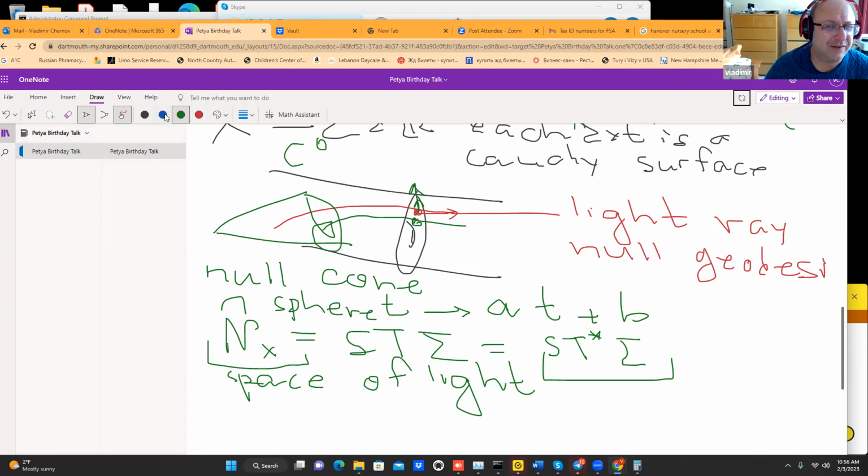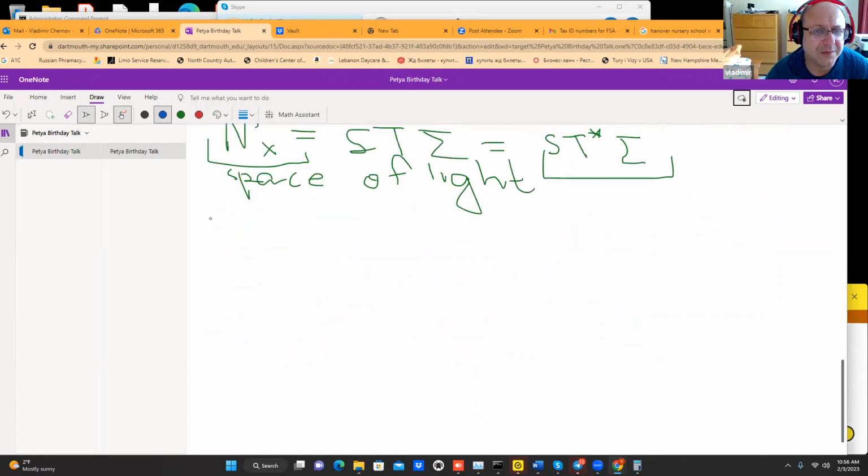So if I regard every point on the null cone as a separate geodesic, as a separate point, then this null cone is a sphere in the space of light geodesics. This sphere is called the sky.